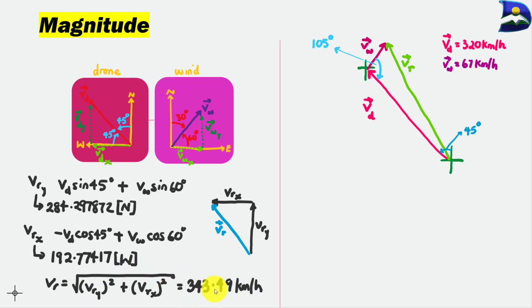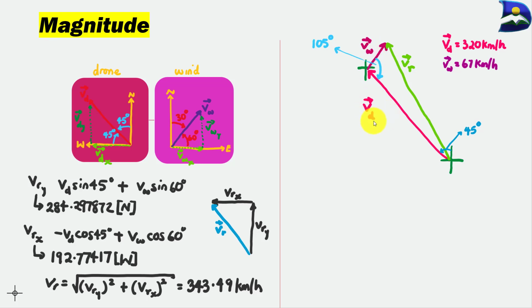So this is the magnitude here, and we're going to see how this is going to stand compared to this particular strategy involving combined vectors. And for combined vectors, what we see is the following. We recognize that we are given the side, angle, and side.